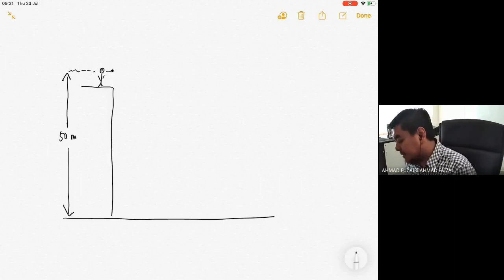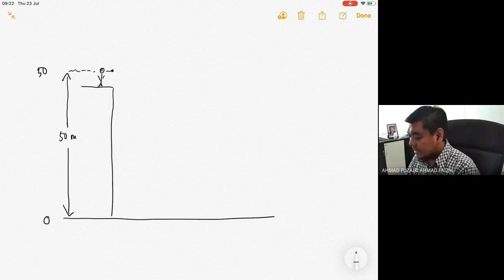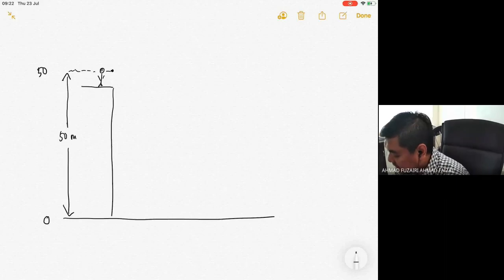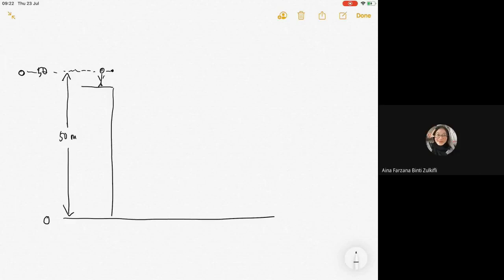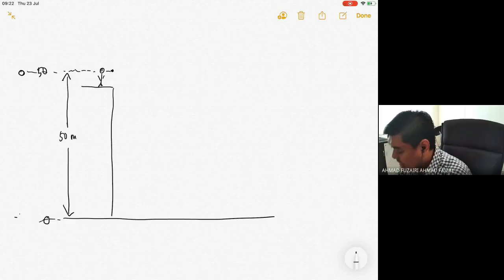Ada orang dia akan set maybe kosong dekat bawah ni, 50 dekat atas ni. Ada orang di sini set, masa dia baling, dia nak set kosong dekat sini. So dekat bawah ni jadi berapa? Kalau dia set kosong dekat level ni, dekat bawah ni jadi berapa? Negative 50. Yes, jadi negative 50.